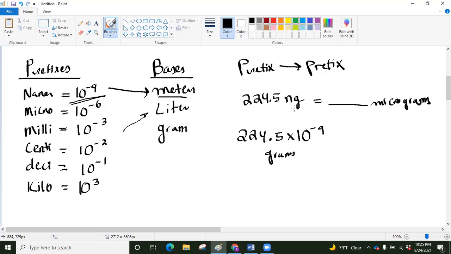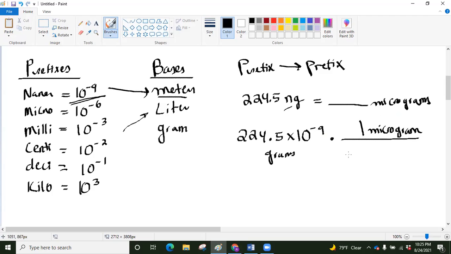So when we pick off that nano, we're just converting it to the base unit. If this were nanoliters, I would say 224.5 times 10 to the negative 9 liters, right? I would say the base. And I'm going to multiply that by 1 microgram.